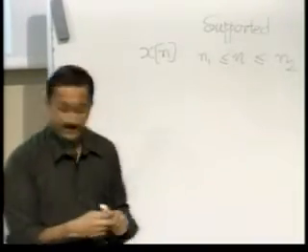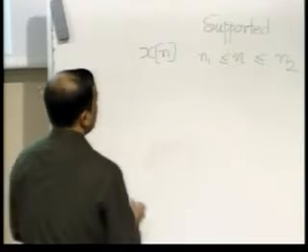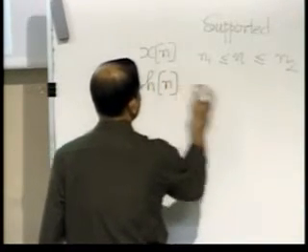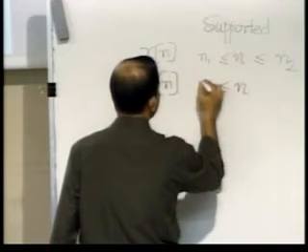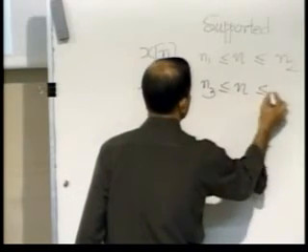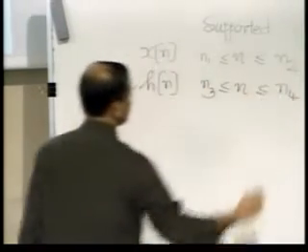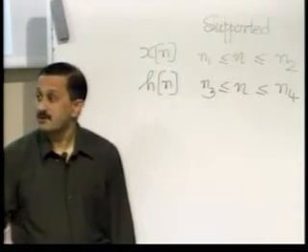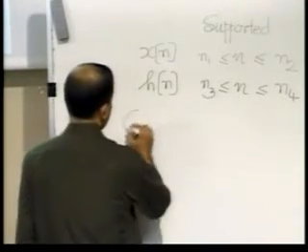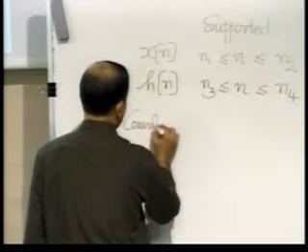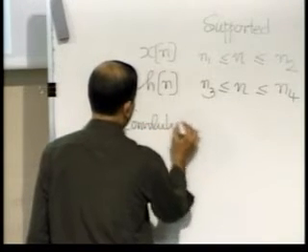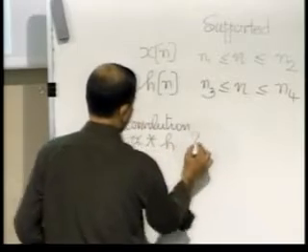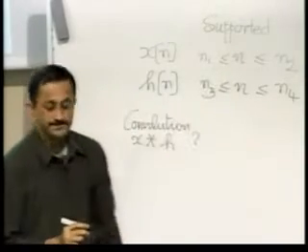That's perfectly acceptable. The support is the region which completely encompasses the non-zero points. So now let hn be supported from n3 to n4. Then we ask, what is the support of the convolution?